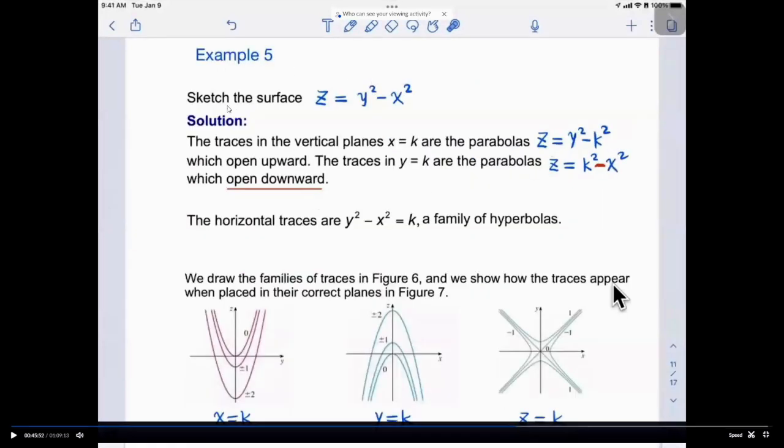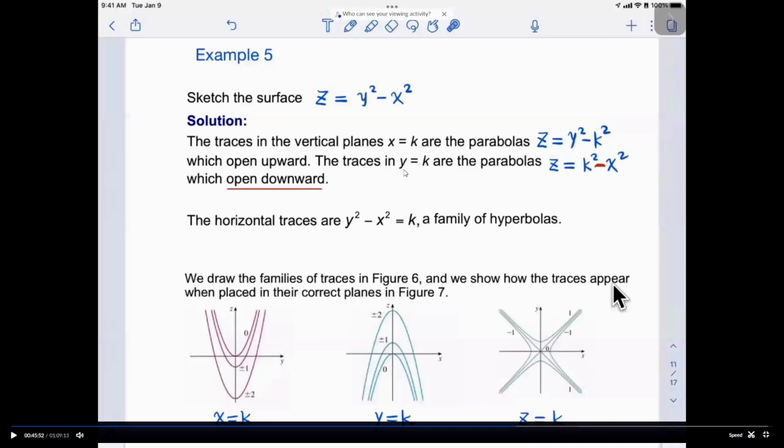Okay, let's look at this example. Let's sketch this surface. So the trace in the vertical plane, if you set x equal to k, you'll get this equation, which we recognize as a parabola, and it opens upward.